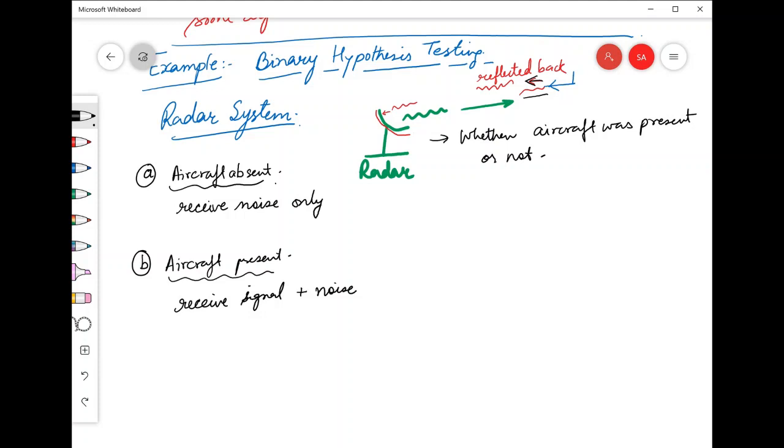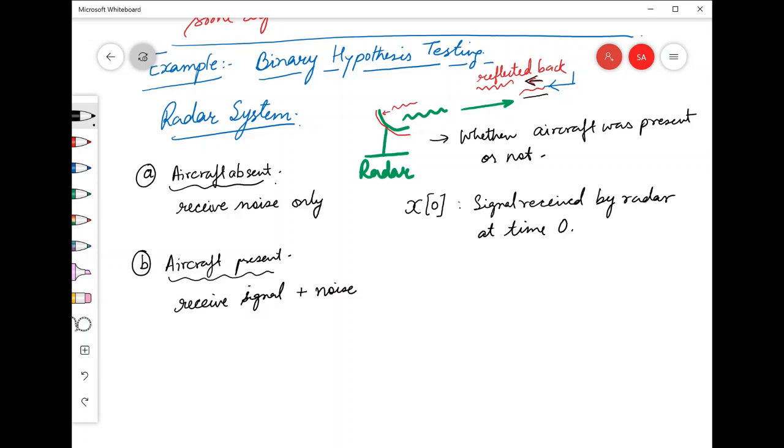We will have some signal received at the radar, and we have to judge whether we received only noise or signal plus noise. More mathematically, suppose x0 is the signal received by the radar at time 0.